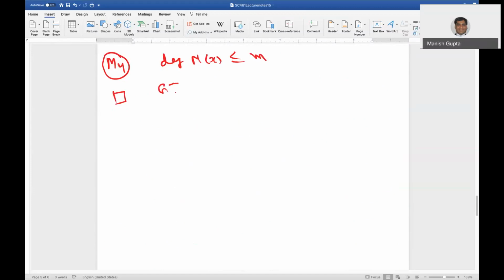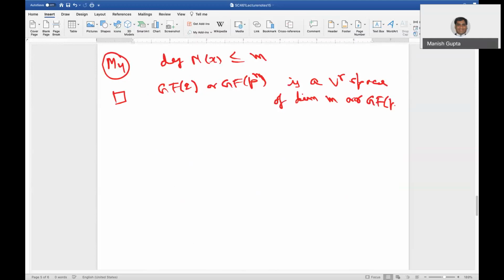We know that GF(q), or GF(p) raised to m, is a vector space of dimension m over GF(p). This field we can treat as a vector space over the ground field, right? Of dimension m.